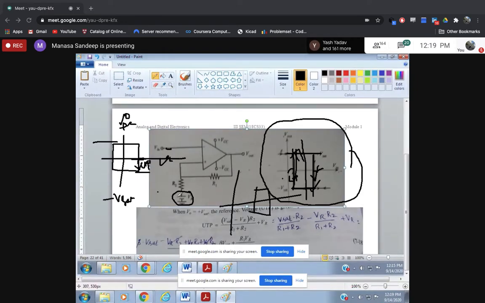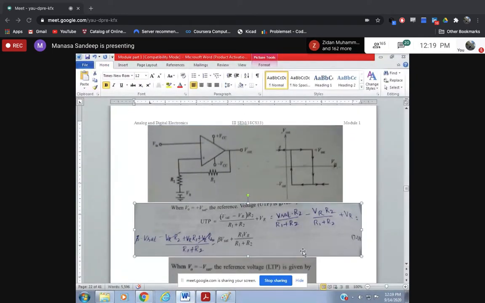If I apply a negative reference voltage here, that means applying a negative external reference voltage, then your hysteresis curve will shift towards the left. Got it, guys?